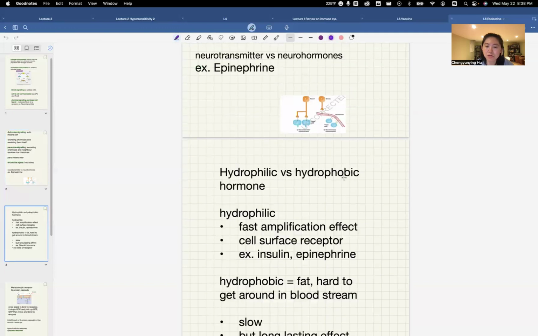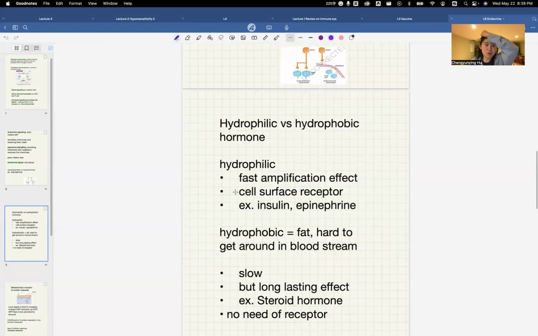Hydrophilic versus hydrophobic hormone. Phobic is afraid, hydro means water, so something that's afraid of water is a hydrophobic hormone. Why do we need to know this? It's because different types of hormone enter the cell differently. Remember, the cell membrane is made of phospholipid.